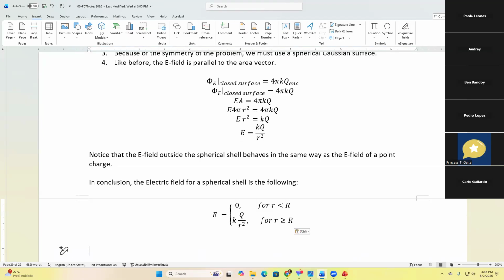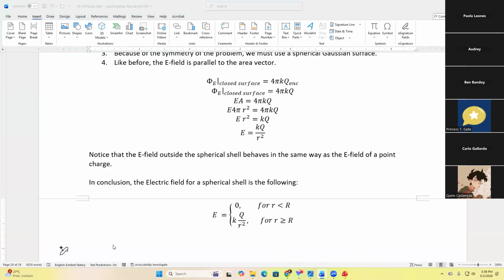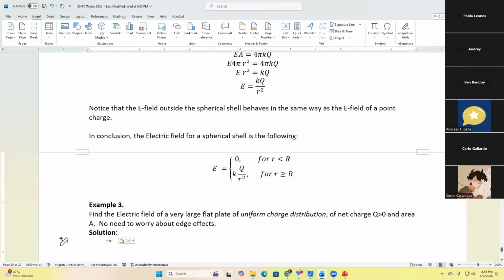The next example is the example of the uniform electric field. Okay, find the electric field of a very large flat plate of uniform charge density. If the charge density is not uniform, then the problem is more difficult to solve. So let's stick to uniform charge density. And maybe Gauss's law cannot even be used to solve the problem.